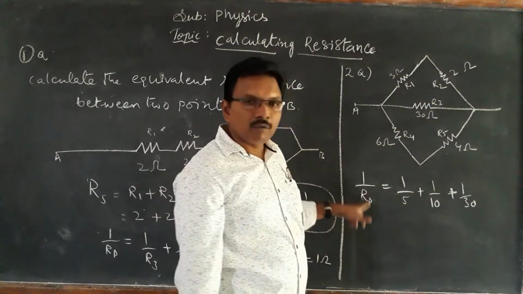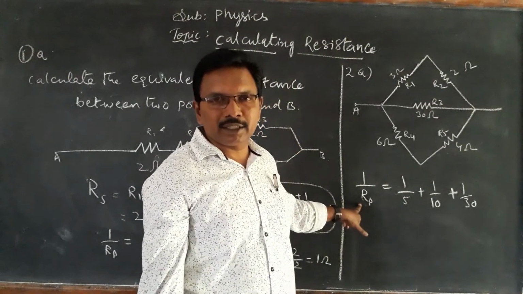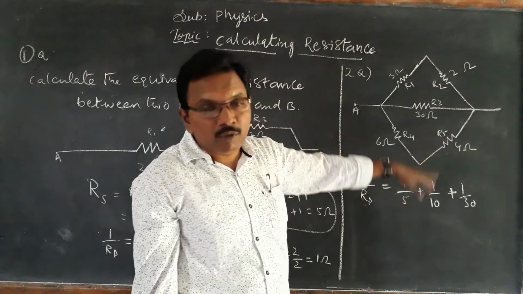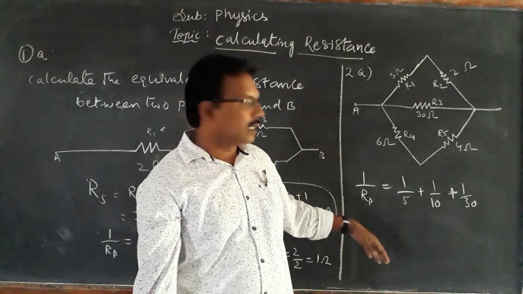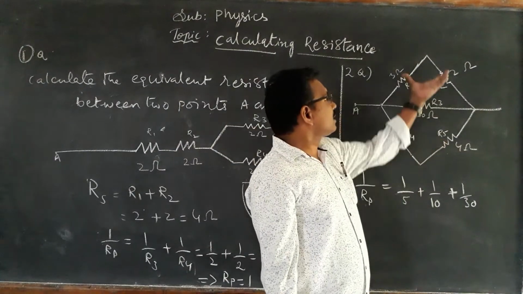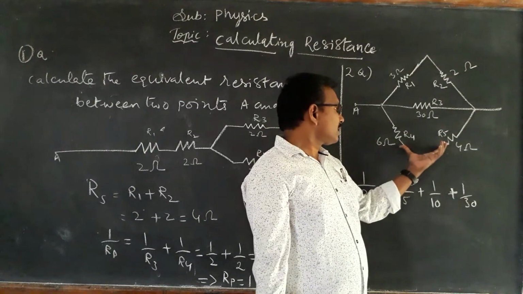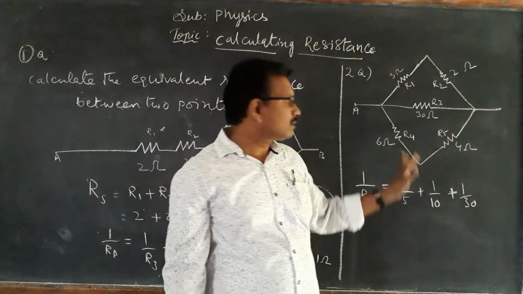Now this total and this one are in parallel. Then the formula: 1 by Rp is equal to, that means the total resistance of the parallel resistors is equal to 1 by R1 plus 1 by R2 plus 1 by R3, like that. This is R1, this is R2, this is R3. When resistors are directly in series connection, simply add.